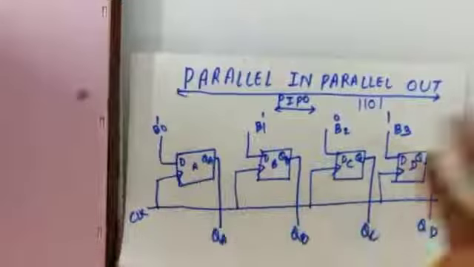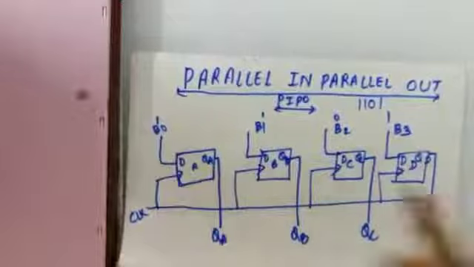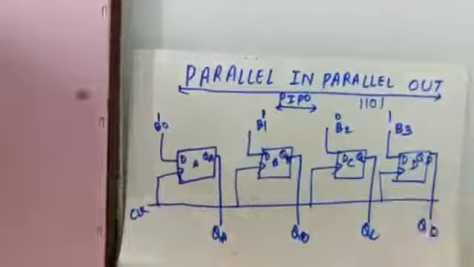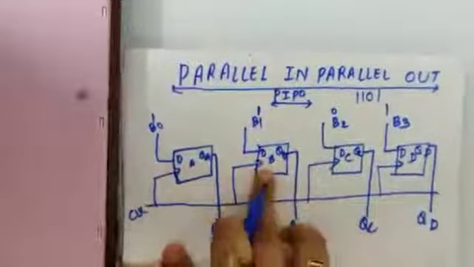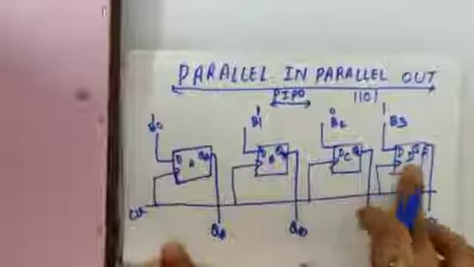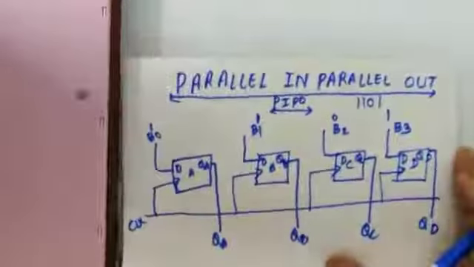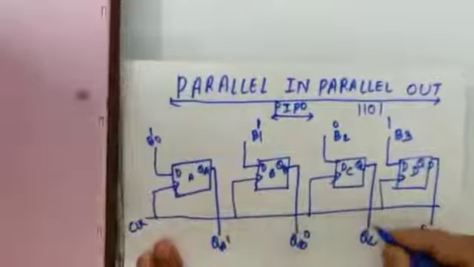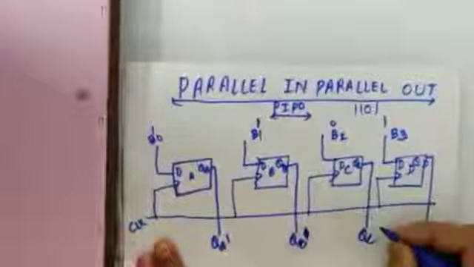They will produce their own outputs because these inputs appear simultaneously. So 1 will appear here, 1 will appear here, 0 will appear here, and 1 will appear here. Now as you supply the input, you will get the output. So you will get the output simultaneously, 1101.